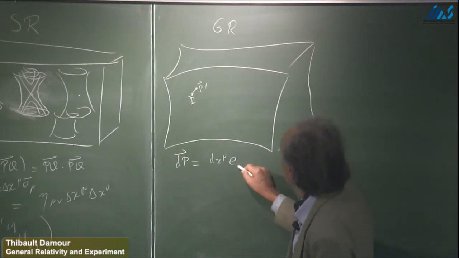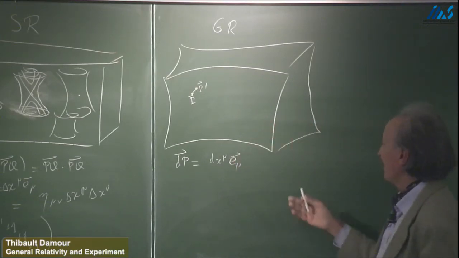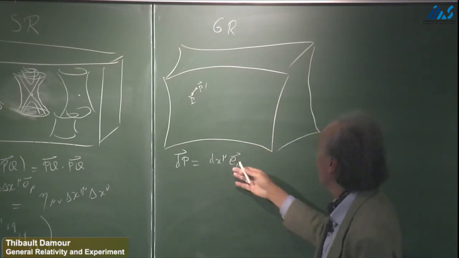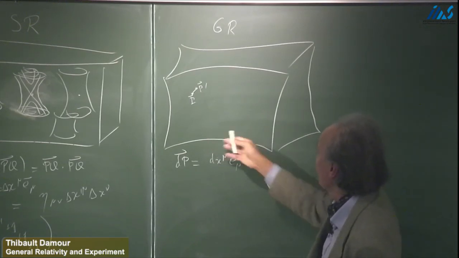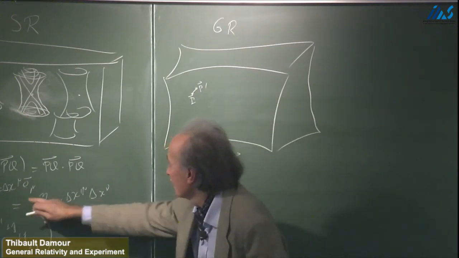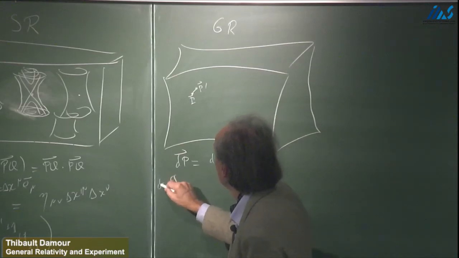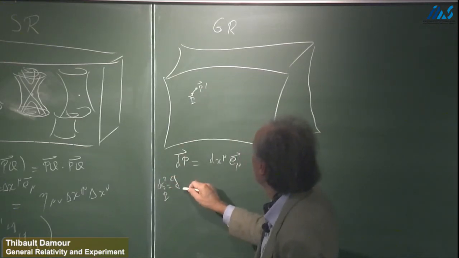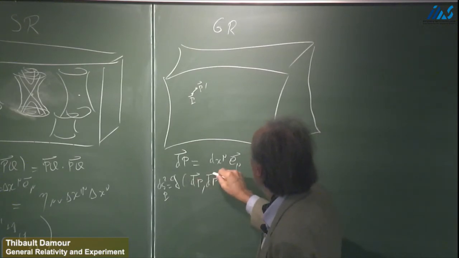I will define a little later the various bases of vectors in space-time. If I use natural coordinates, I have a natural set of vectors associated to them. And then what replaces the special relativistic squared interval is an infinitesimal square interval between this point P and its neighboring point, given by a quadratic form on dp.